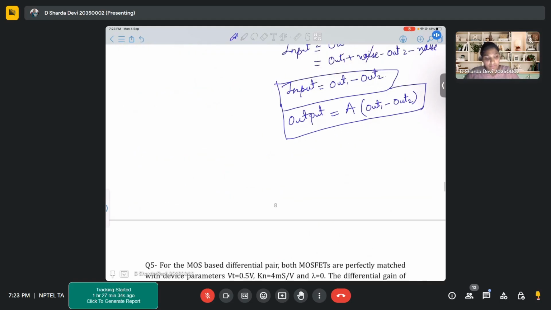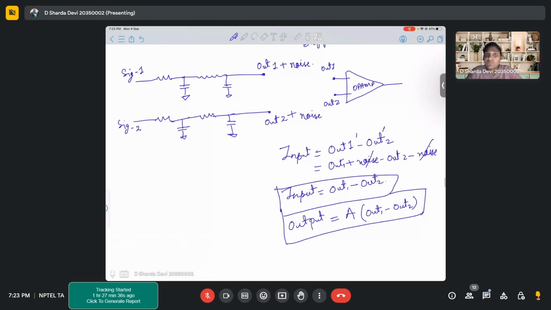Ma'am, if the noises are at a different frequency, then... Yeah, so you're saying if the noises were in different frequencies. When we say they are in different frequencies, that means they are two different signals.